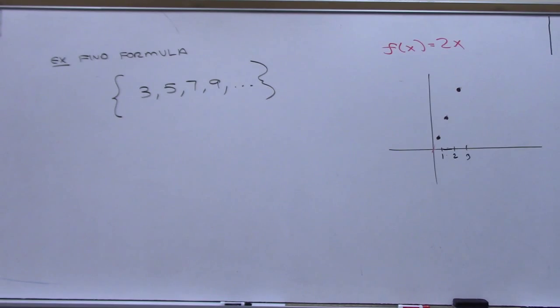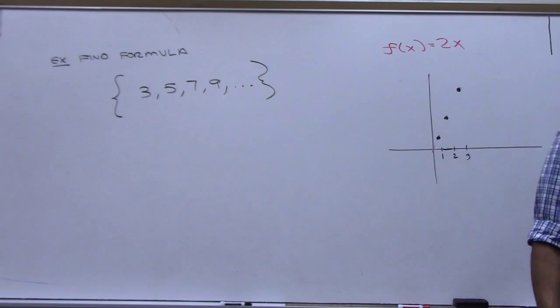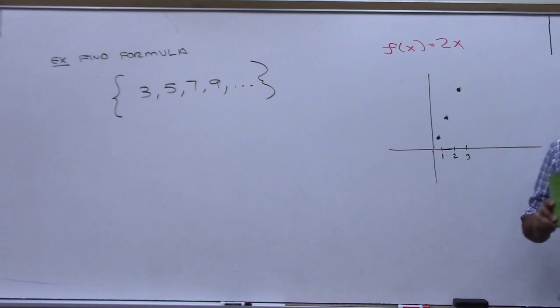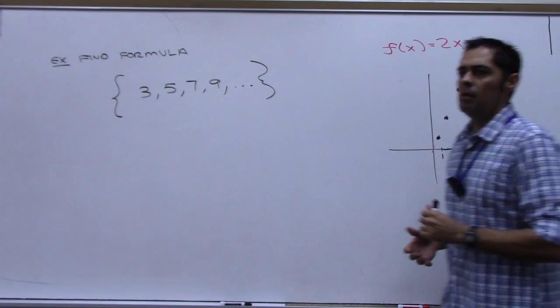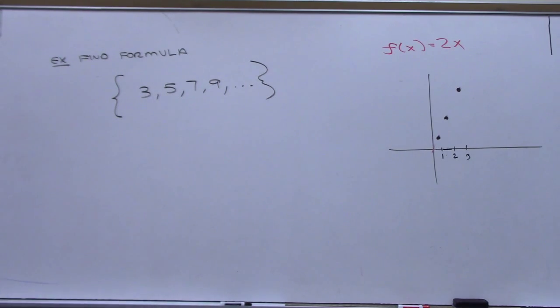Now these are the odds. Except not 1, right? It started at 3. You got it? You think you've got a formula? Okay, got 2, I think 3. 4. 5.